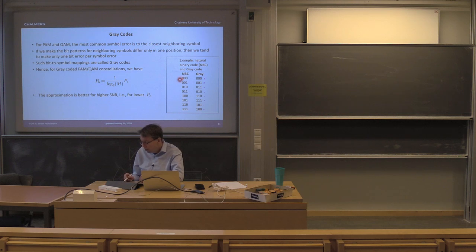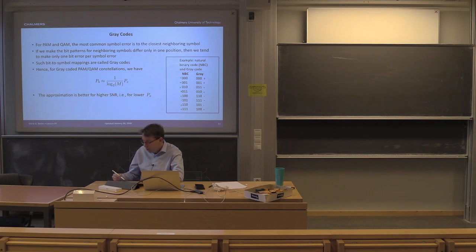But here you see there is a difference in the beginning of one bit, two bits, one bit, three bits. That's a really bad transition here. And then one bit, one bit, two bits, and then one bit.